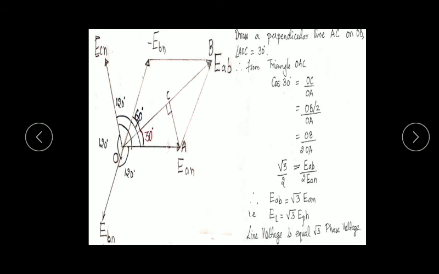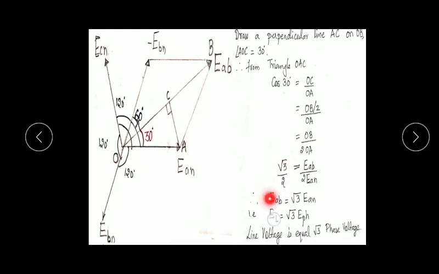Now what is OB? OB is nothing but EAB. And what is OA? OA is nothing but EAN. And cos 30 is root 3 by 2. So root 3 by 2 is equal to EAB divided by 2 EAN. Therefore, 2 get cancelled. EAB is equal to root 3 EAN.